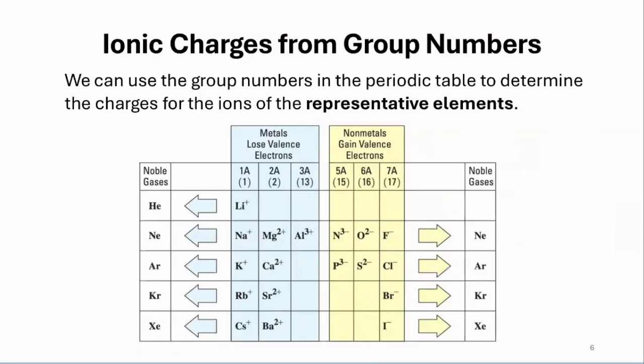When it comes to ionic charges, these can be derived from the group numbers for representative elements, and all of this has been encompassed in the following diagram. Let's first understand how this looks for metals, which form cations. The metals in group 1A, lithium, sodium, potassium, rubidium, and cesium, all lose 1 valence electron to look like their corresponding noble gas.